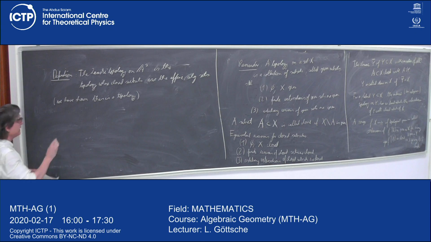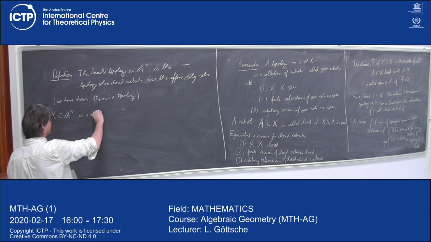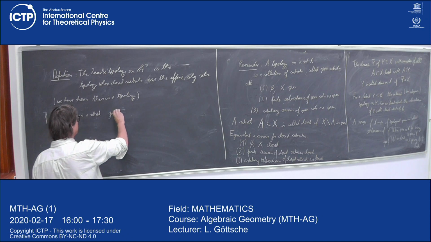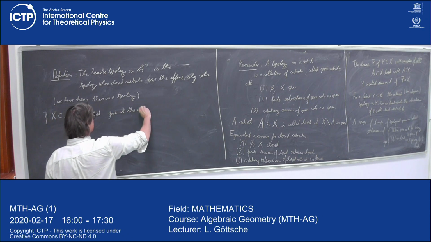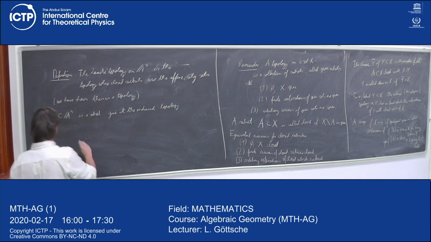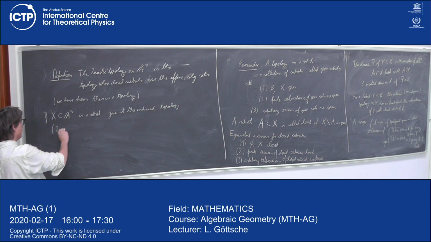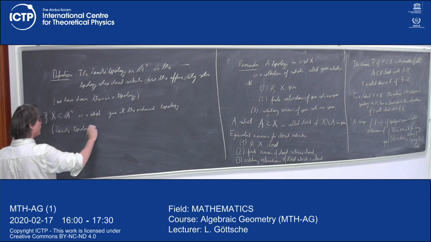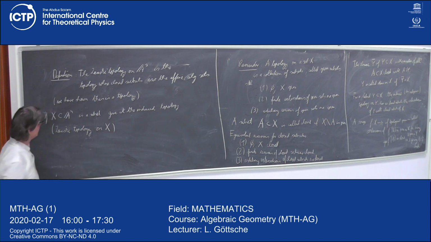And so, if X in AN is a subset, we give it the induced topology, which will be called the Zariski topology on X. Obviously we want to do this in the case when X is itself an affine algebraic set.